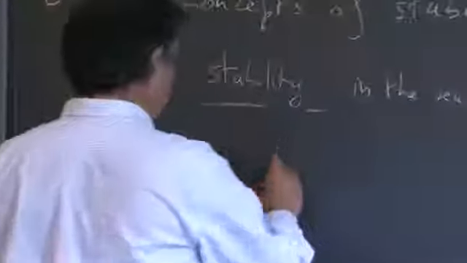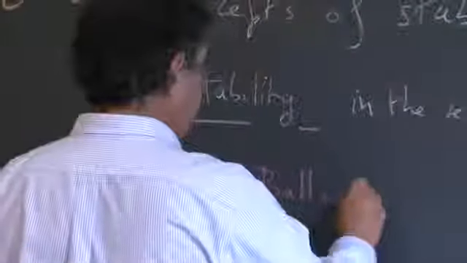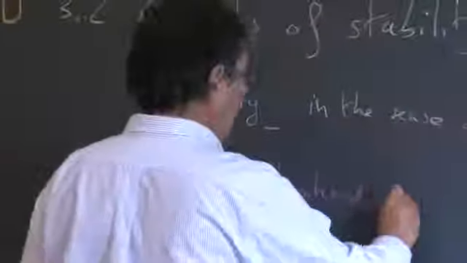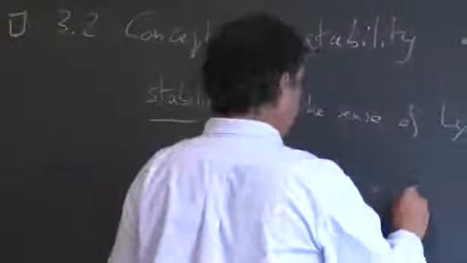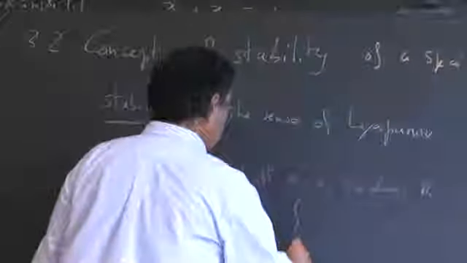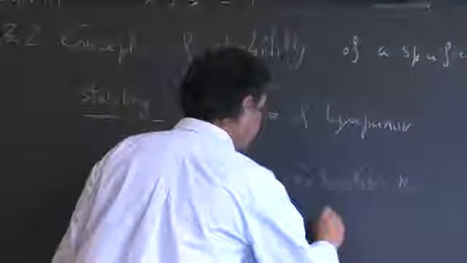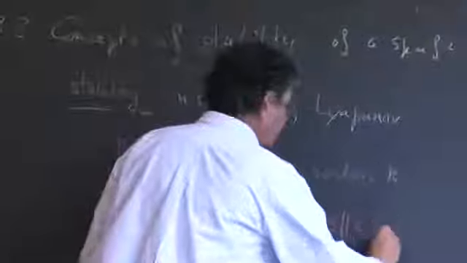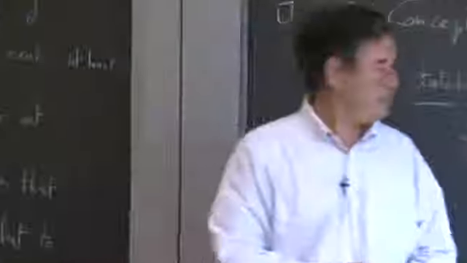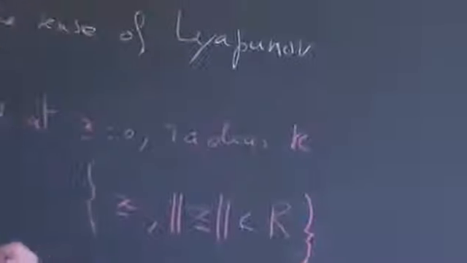So I pick an arbitrary ball of radius r. So remember, a ball centered at x equals 0 of radius r just means there's all the sets of points x such that norm of x is strictly less than r.